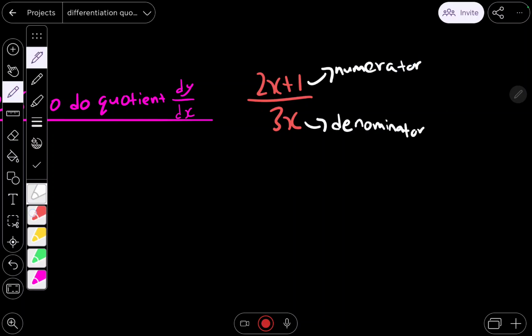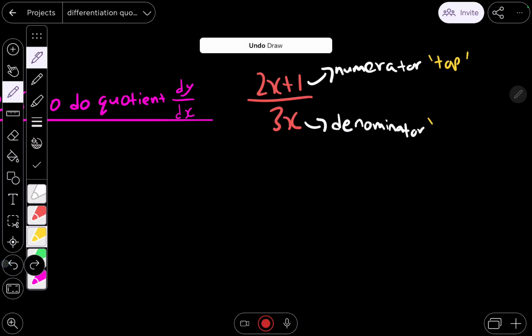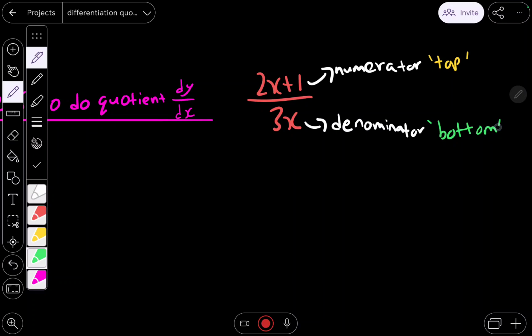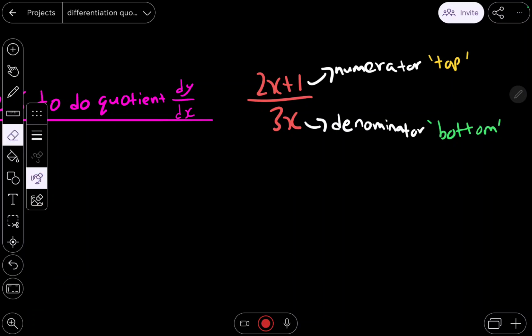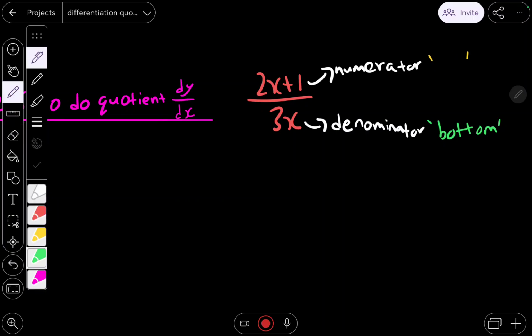I write in yellow the top and the bottom. Okay, top and bottom. I know this looks like a tab, but wait, let me write properly.